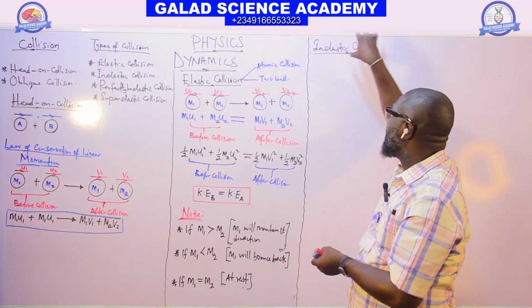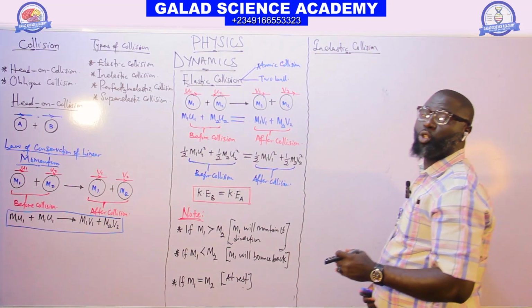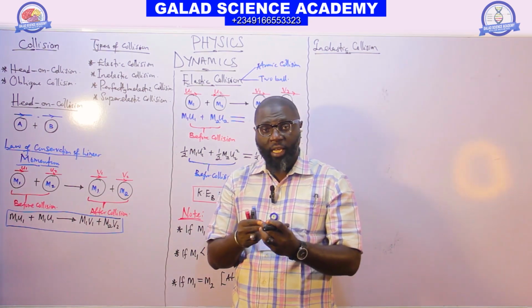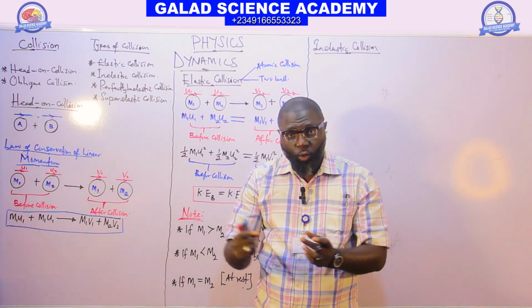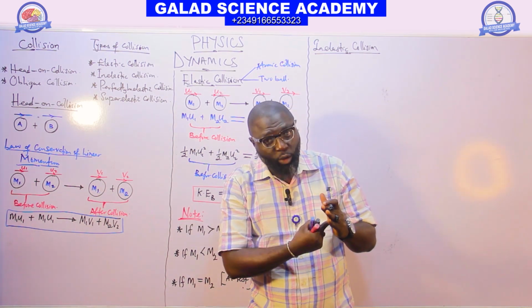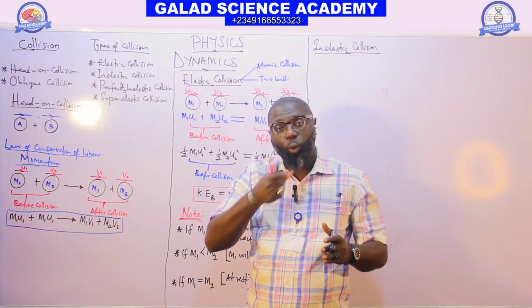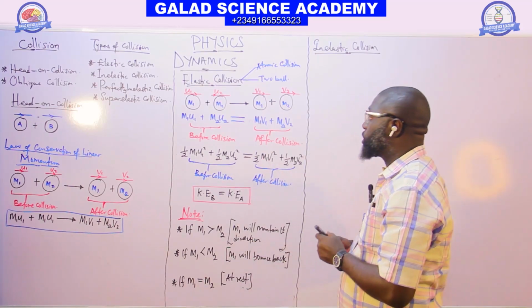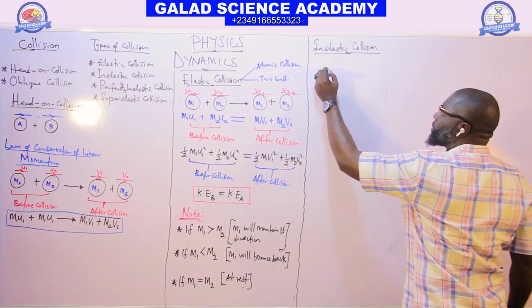Another example is the collision between a bullet and a pendulum bob. When the bullet hits the pendulum bob, it penetrates the bob and the bob moves. So that is an inelastic collision. This is the diagram for the inelastic collision.